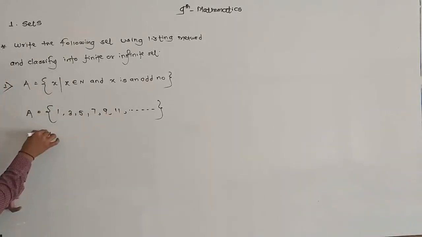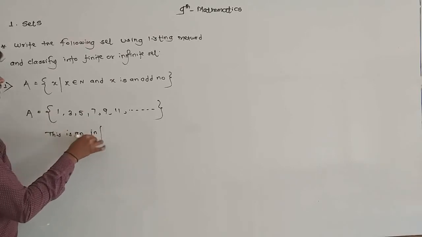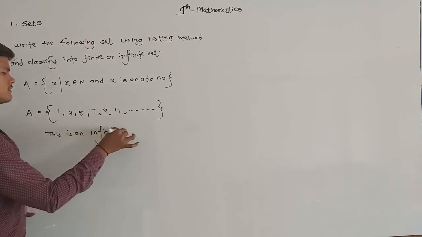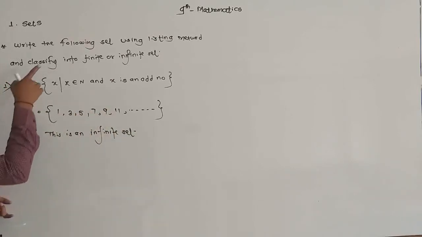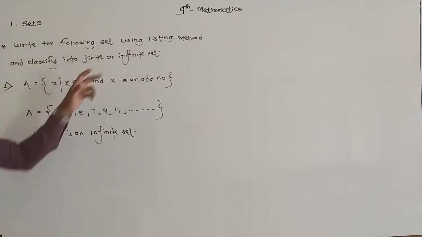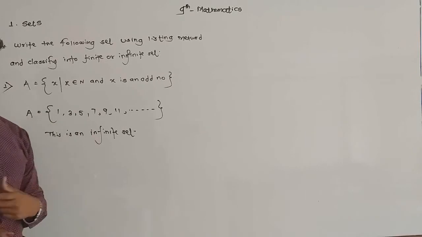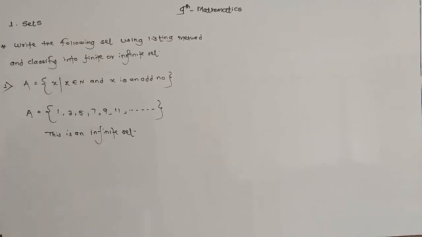So this is an infinite set. We have to classify into finite or infinite set. And question is काय सांगितलं आपल्याला, write the following set using listing method. So first of all, we are writing this set by using listing method, and after writing we have to classify into finite or infinite. So the given set is an infinite set because the number of elements in the set are unlimited or uncountable.